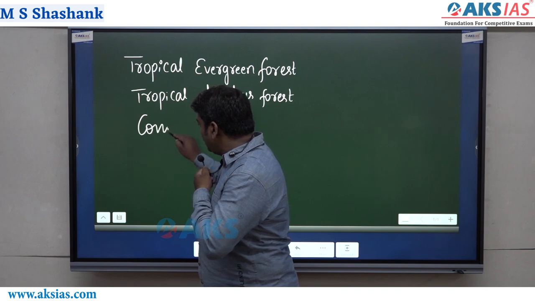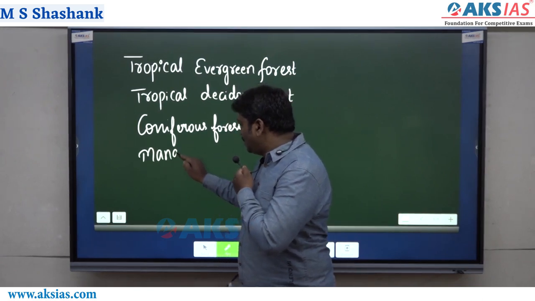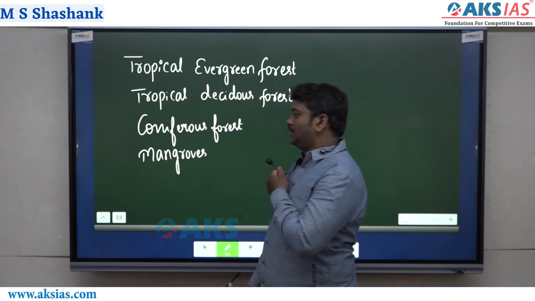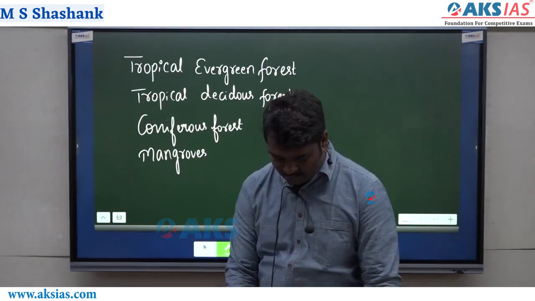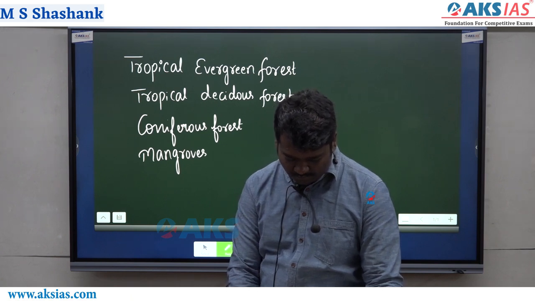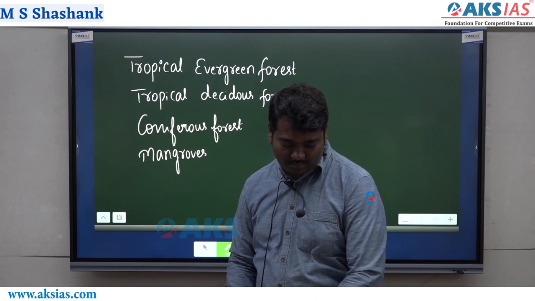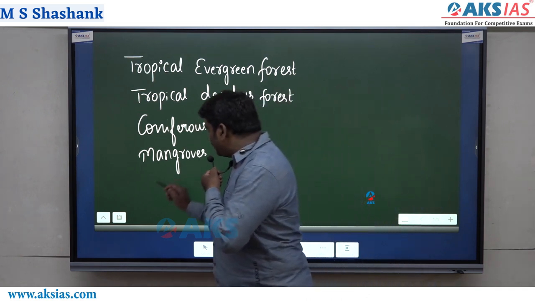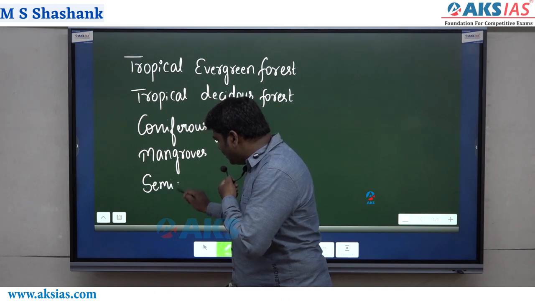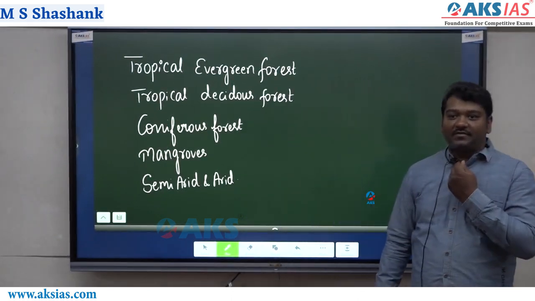And then coniferous forest, mangroves, then we have semi-arid and arid regions. These are the five.